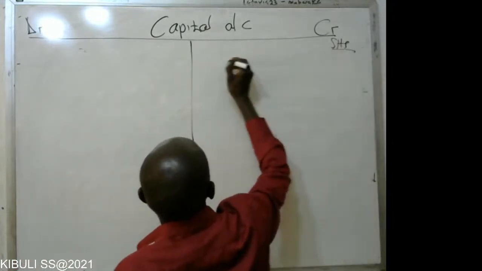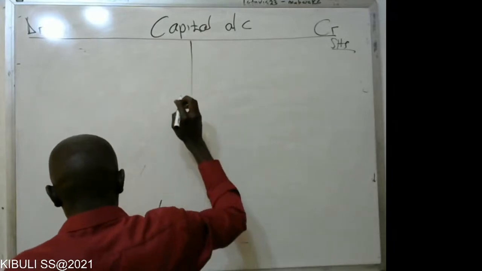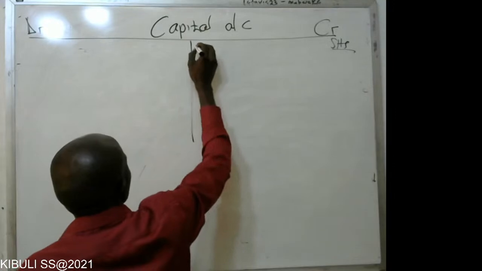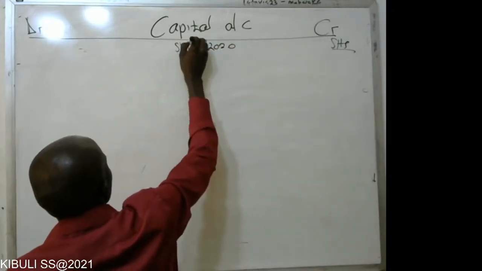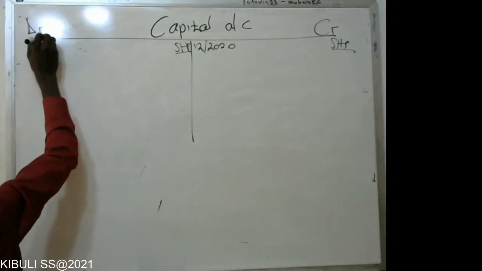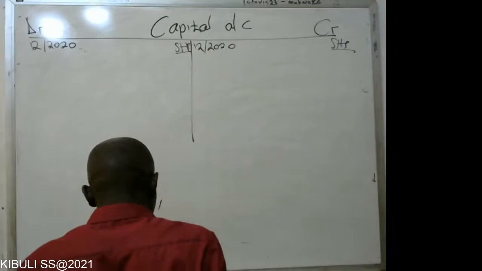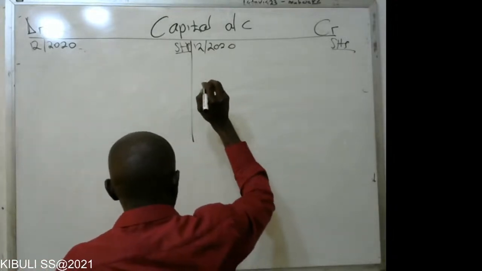Remember the units and the date and month. Month and year. So it is December 2020. Because capital was on the debit, then here you're going to credit the capital account.